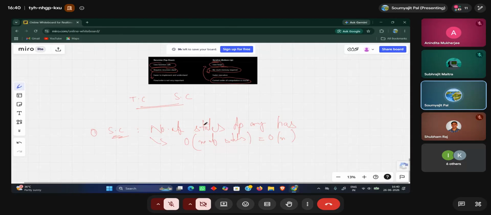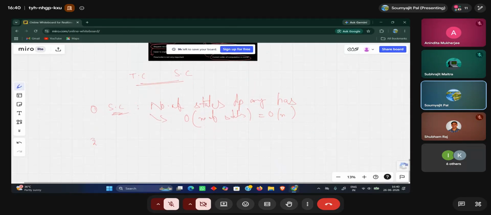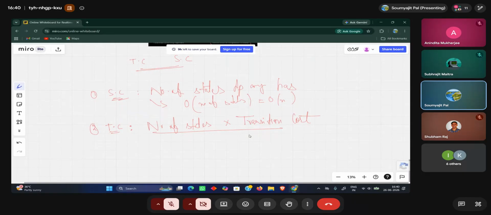Next, time complexity is calculated as number of states into my transition cost. Since I am computing each state, and each state I am calculating through a particular transition relation, that's why the formula is number of states and transition cost.